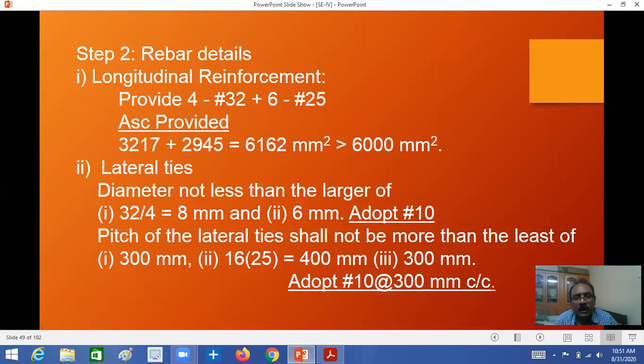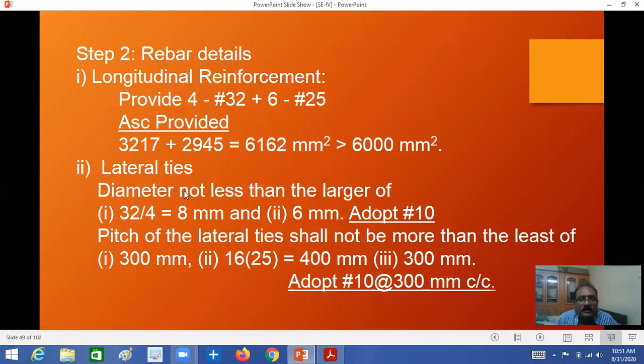You will get 3217 mm square, and for 6 bars of 25 mm you will get the area 2945. The total area you will get is 6162 mm square, which is greater than 6000 mm square. So what we are assuming is right.